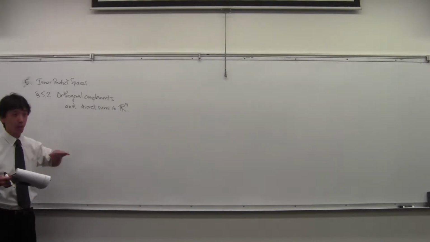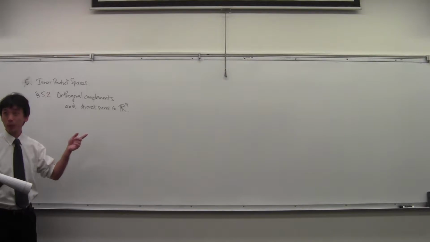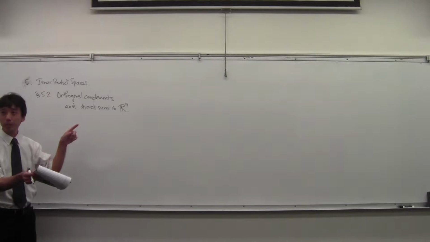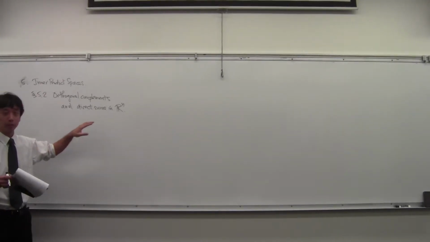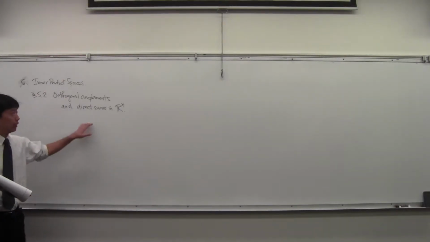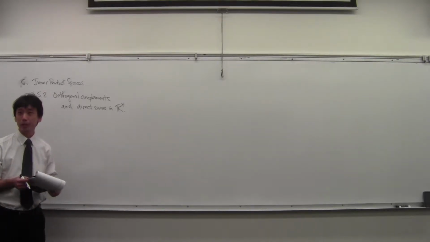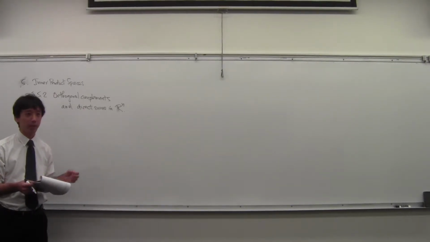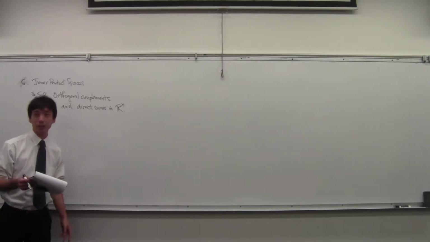In Rn, you have this thing called the dot product. What we'll mainly use it for is that it gives you a sense of the angle between things. It's related to the angle between vectors. In particular, it tells you when things are perpendicular to each other. If the dot product of two vectors is 0, then the vectors are perpendicular to each other.